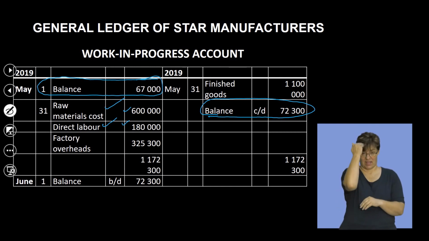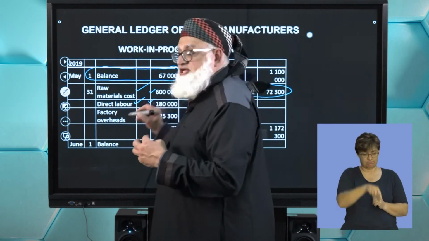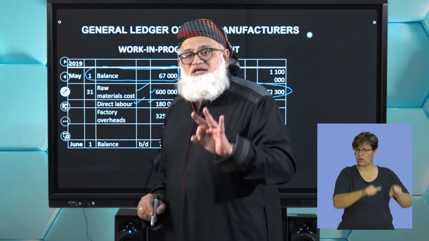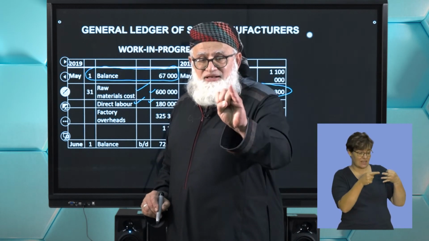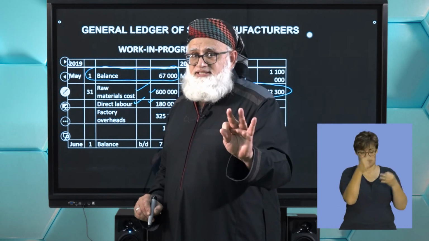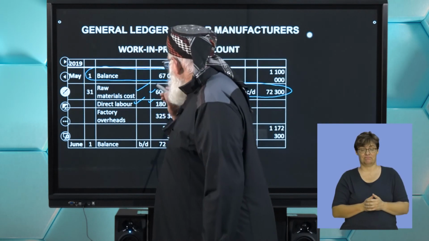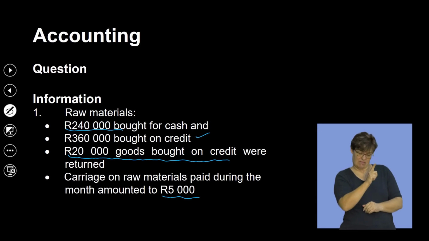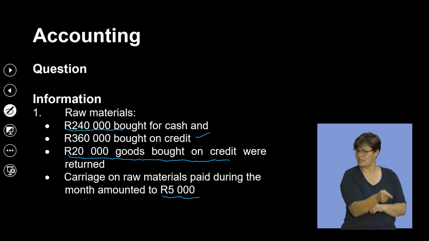So in doing this calculation, when you're working out the work in process account, the three things you look for: material, labor, and factory overheads. Got it?